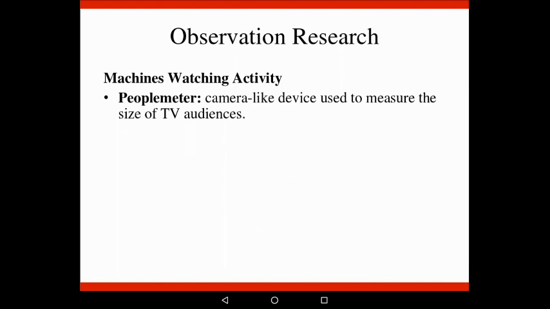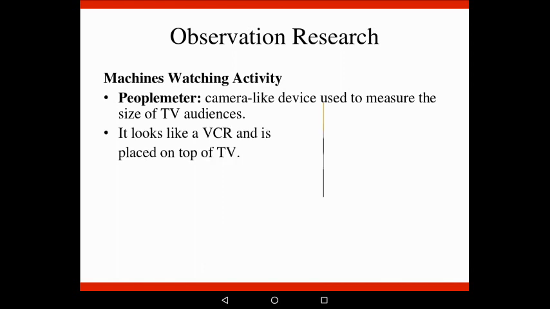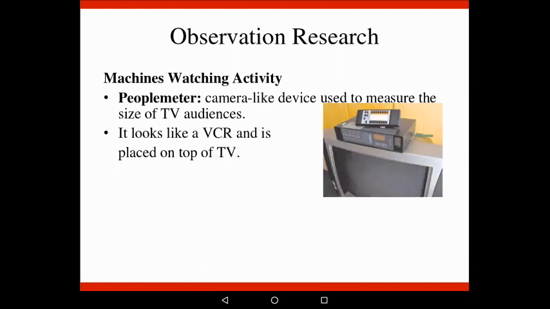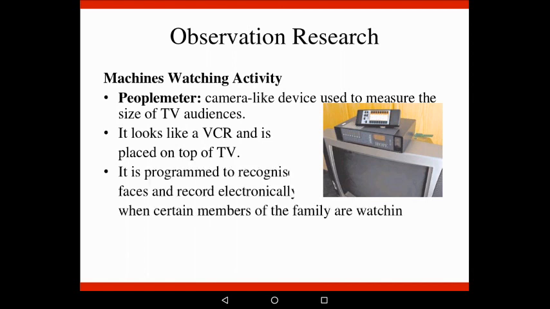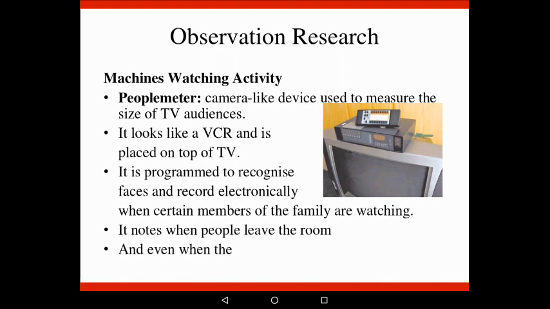Okay, then you have something called the people meter. It's a camera-like device, and it measures TV audiences. It looks kind of like a VCR, and is placed on top of the TV. And usually, companies will ask and pay certain families if they can install it in their home. And it's programmed to recognize faces and record electronically when different members of the family are sitting down to watch TV.